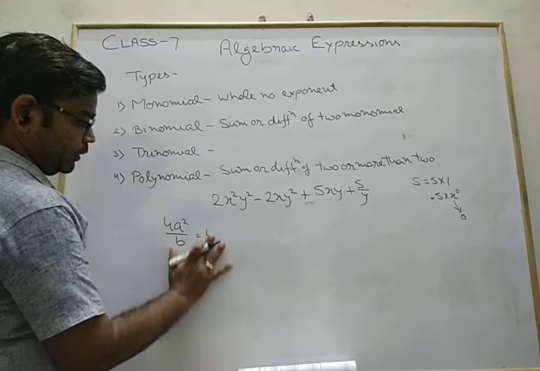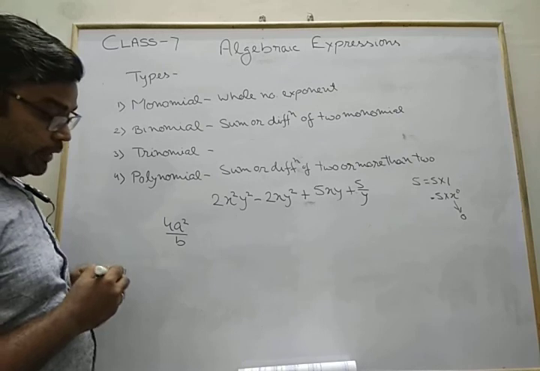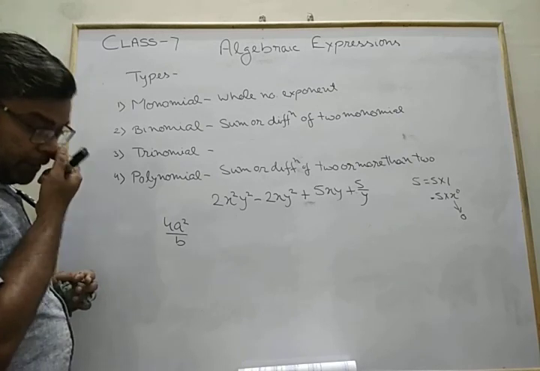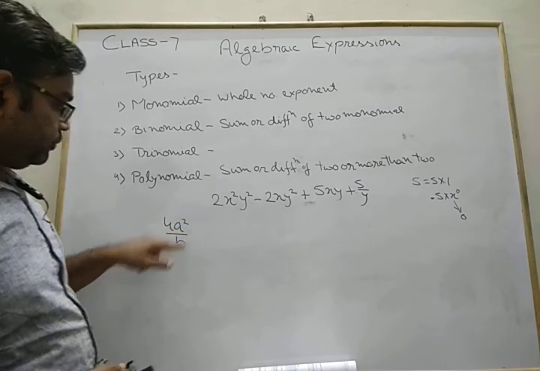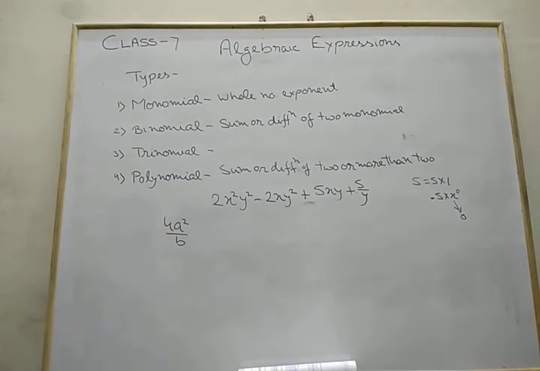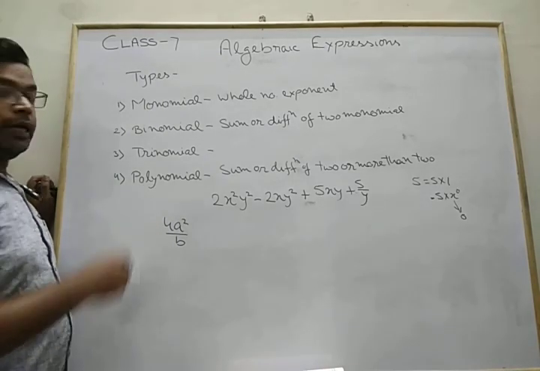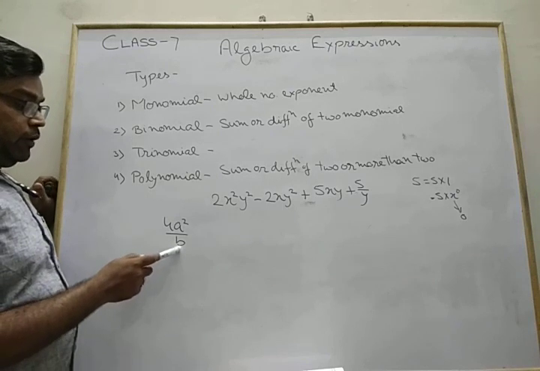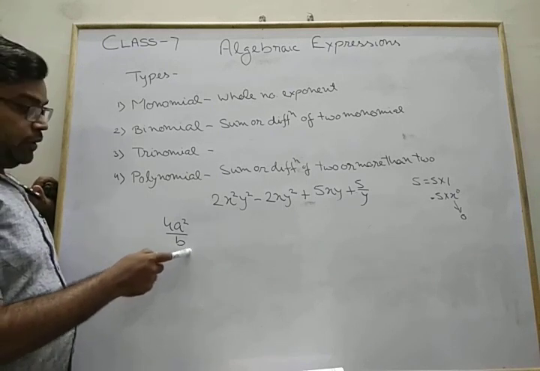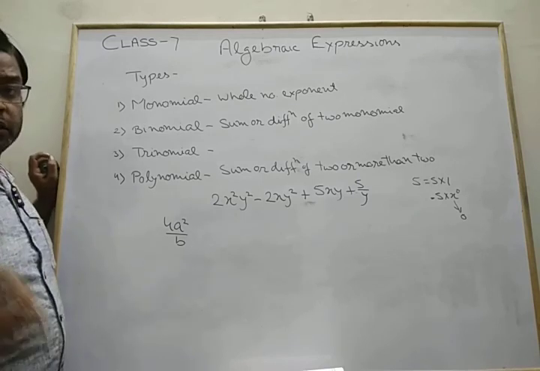It's 4. What is the degree? Here a has power 2, b has power minus 1. Actually, it is not considered a type of polynomial expression, because one of the variables has a negative power, so it does not come under monomial. So we are not going to discuss its degree.